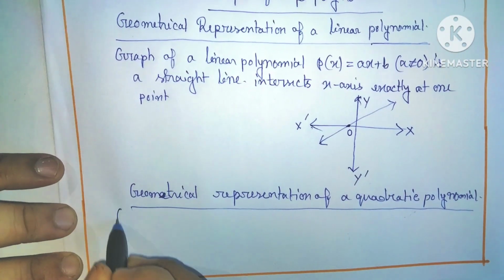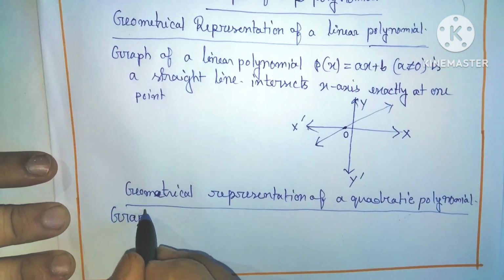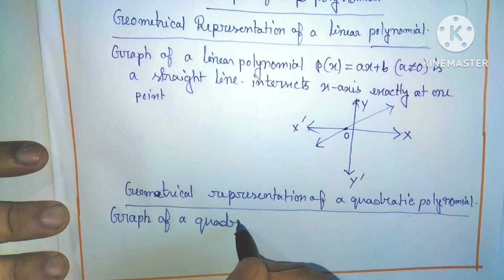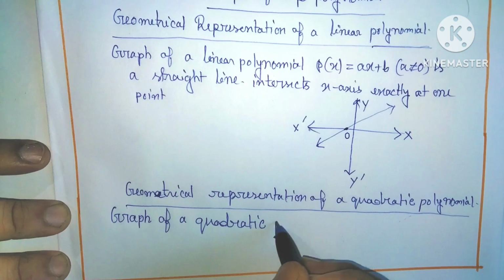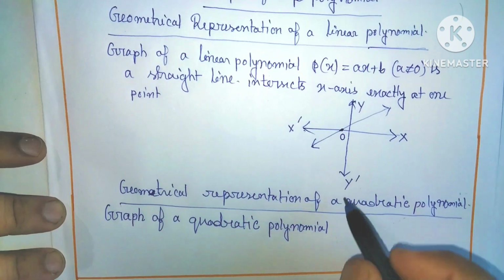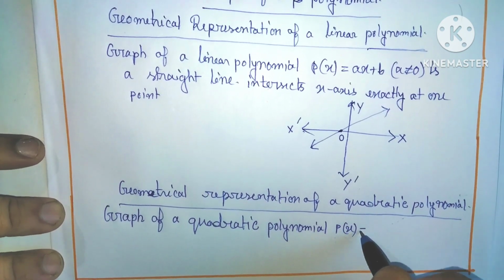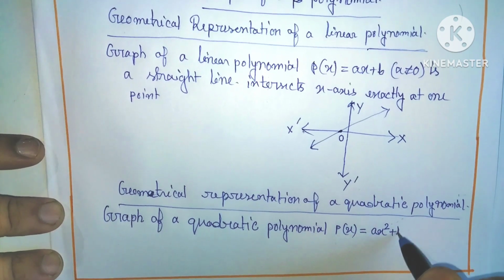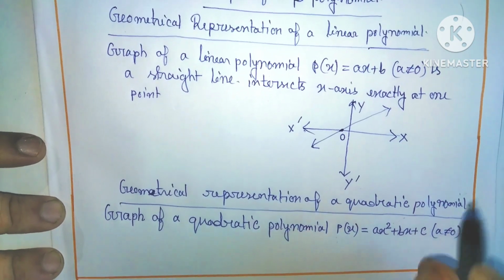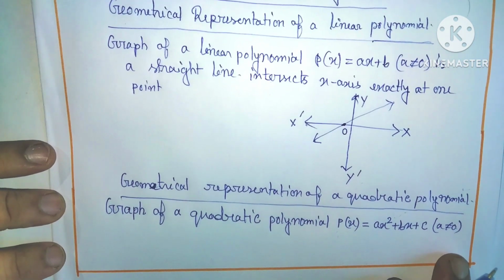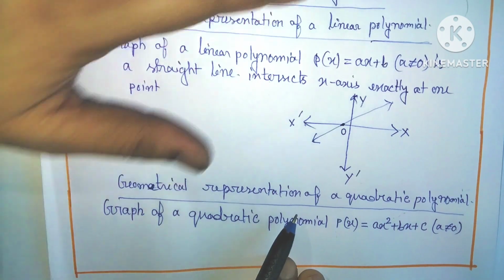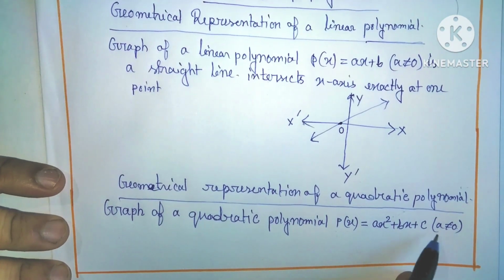The standard form of a quadratic polynomial p of x is ax square plus bx plus c, where a not equal to 0, and its graph is a parabola.